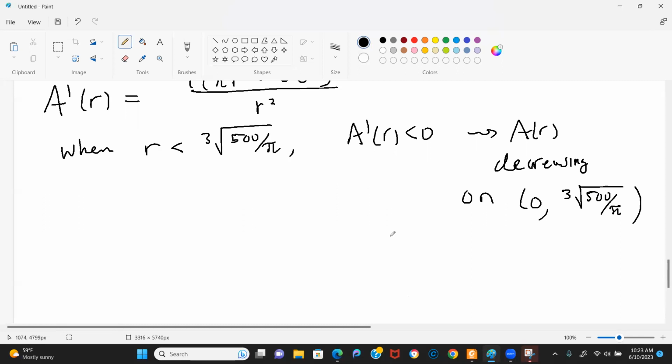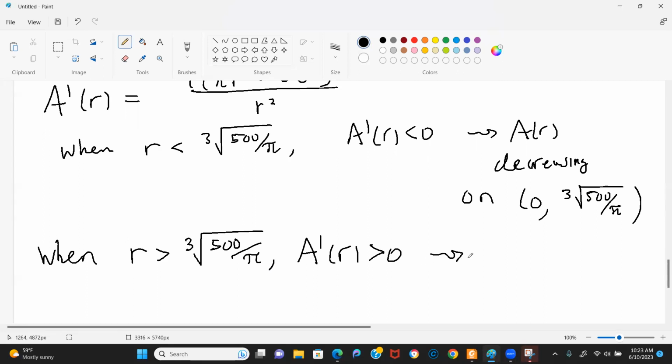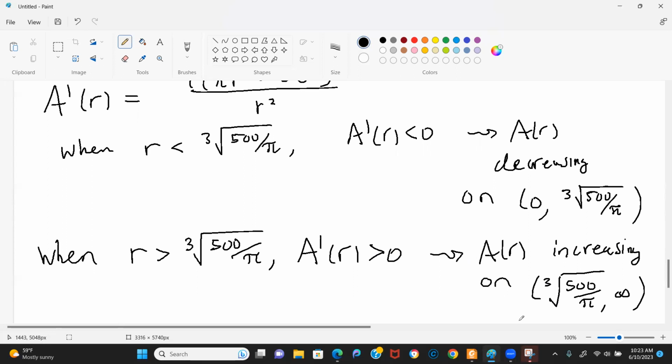But when r is bigger than this number, the derivative is going to be positive, so it implies that A of r is increasing on the interval from the critical point to infinity.